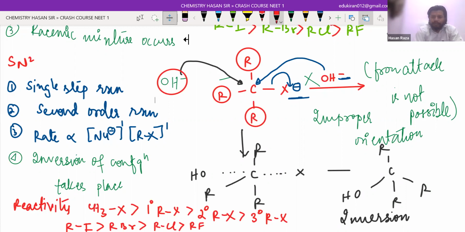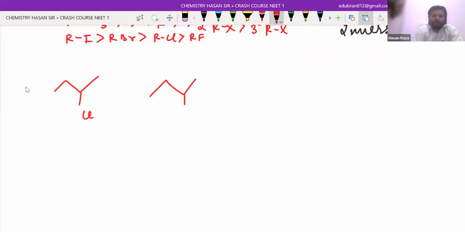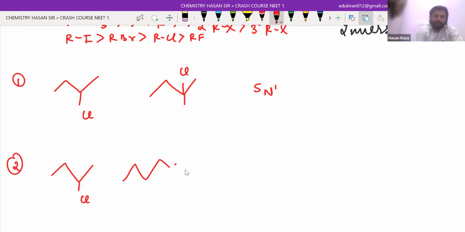The next is, just let me know which one will react faster towards SN1. This is for SN2. Reactivity towards SN1 and SN2. So what's the question?